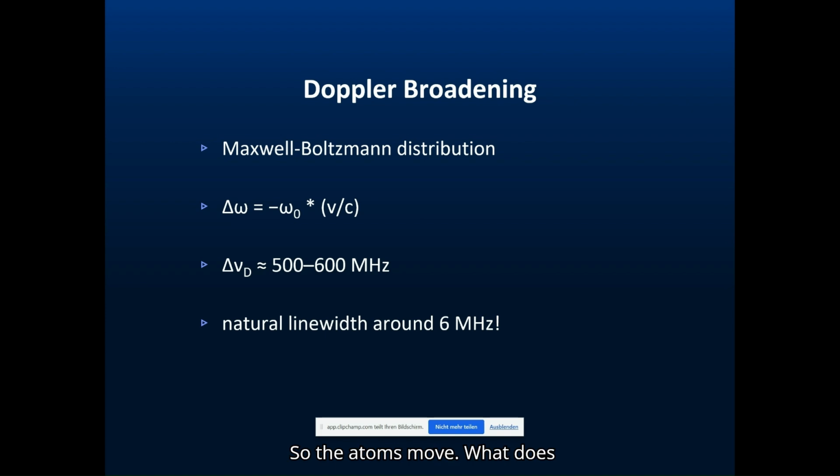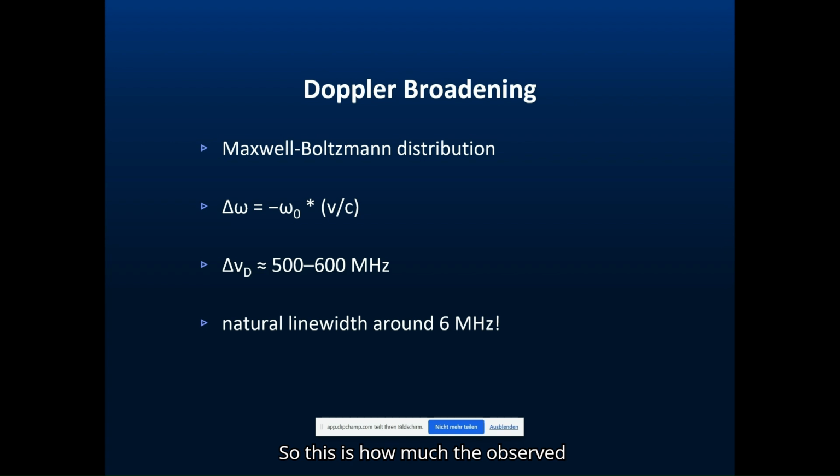So the atoms move. What does this change? Well, an atom moving with velocity v along the beam direction sees the laser frequency shifted due to the Doppler effect, which is, for small velocities, delta omega equals minus omega 0 times the speed of the atom divided by c.